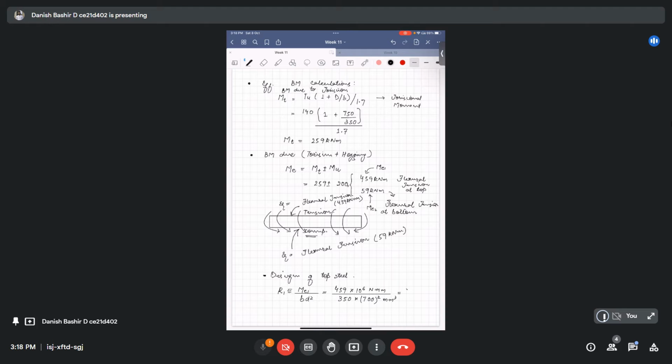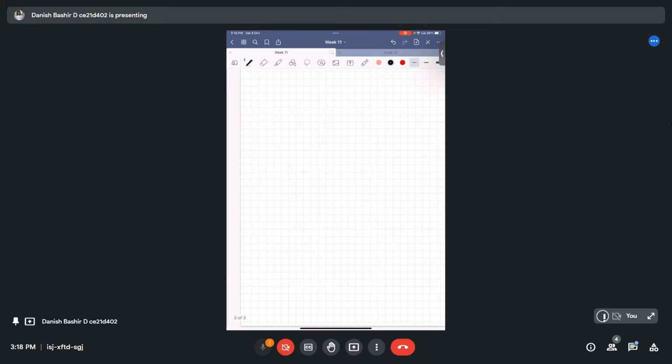All are consistent, so it will be 2.67 here. Millimeter cube goes, it will be square here, so it will be Newton per mm square, which is megapascal. Okay, it is the unit of stress, megapascal. R1 is 2.67.